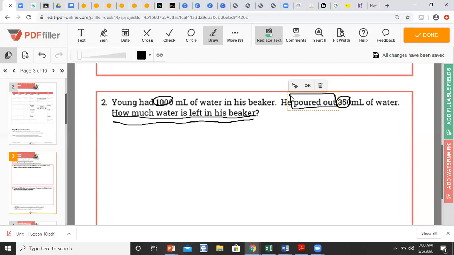So I know that I need to subtract for this problem. I'm going to start off with my 1,000 milliliters and then subtract 350.